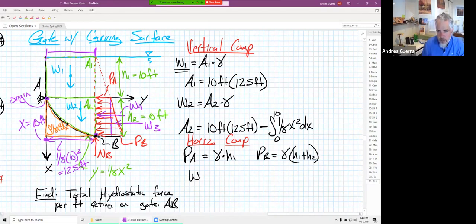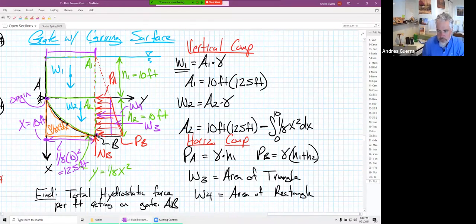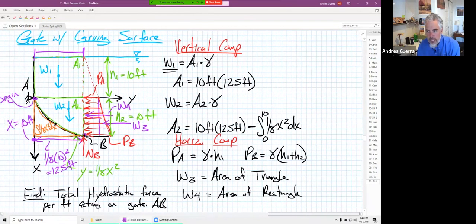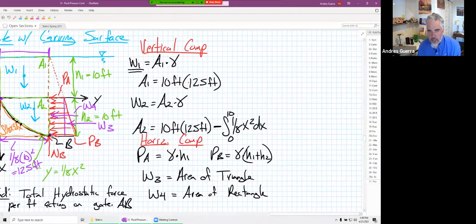W3 is going to be equal to the area of the triangle. W4 is going to be equal to the area of the rectangle. I'm not going into the details of those calculations, but this provides a nice template to find W1, W2, W3, and W4.